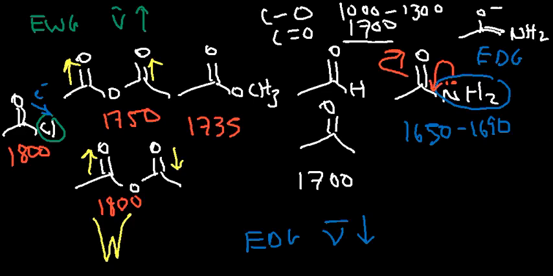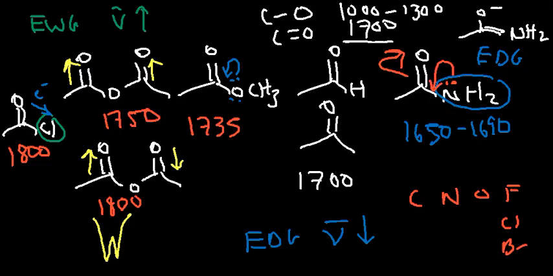So now, here's a question for you. Why is the ester a little bit higher? Because couldn't the oxygen also donate electrons to that carbonyl carbon? So now, to understand this, let's talk about some periodic trends. Here's carbon, nitrogen, oxygen, fluorine, chlorine, bromine, and so forth. Now, acid strength increases as you go to the right and as you go down the periodic table.